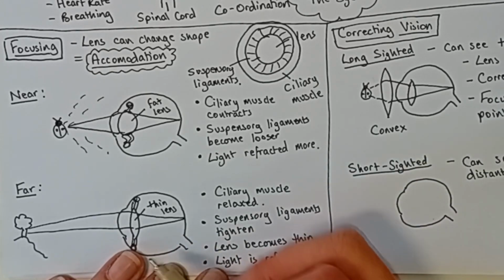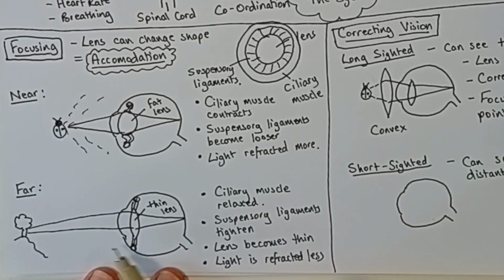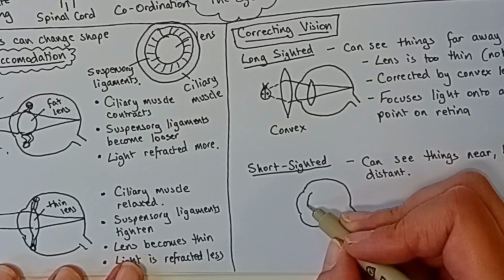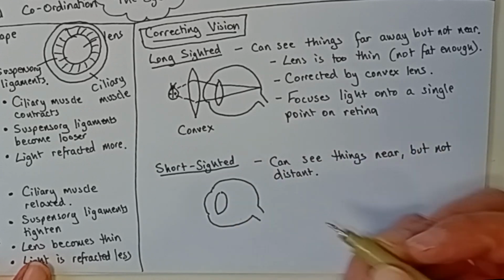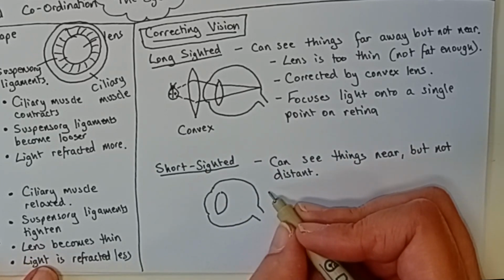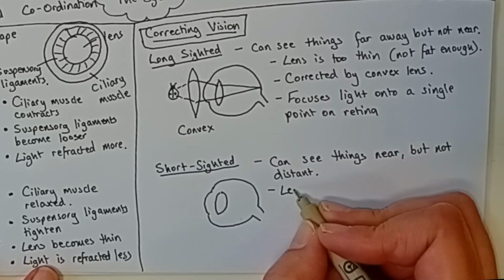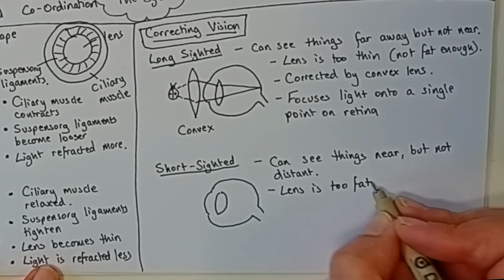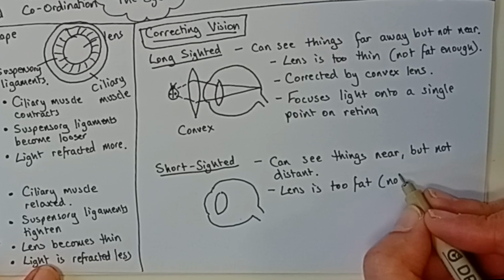And let's think about this over here. We know that when we're looking far away, the lens needs to be thin. So if you're short-sighted, your lens isn't thin, your lens is too fat, or not thin enough.